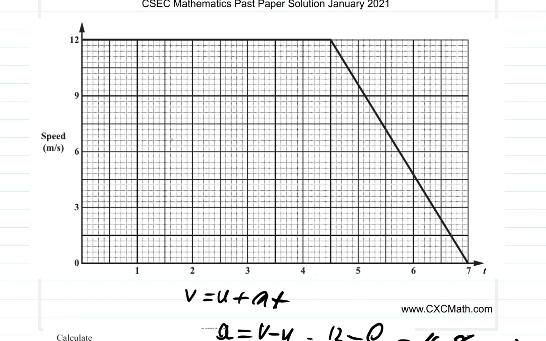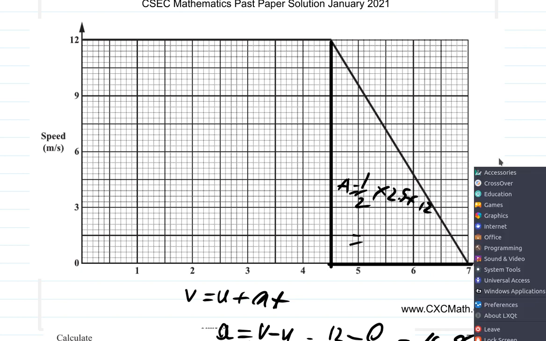How do I calculate that now? Let us see something here. This area here, let me redraw it. The area here would be half base times height. Half of the 2.5 times 12, which is what?